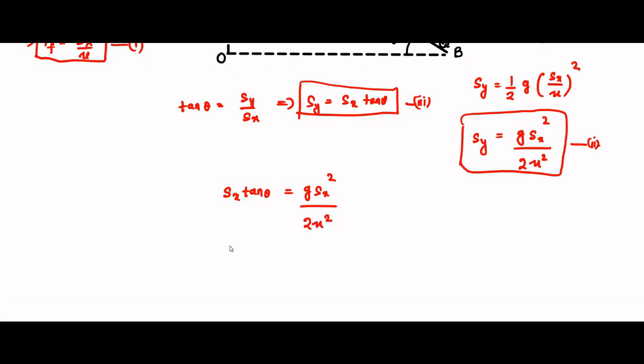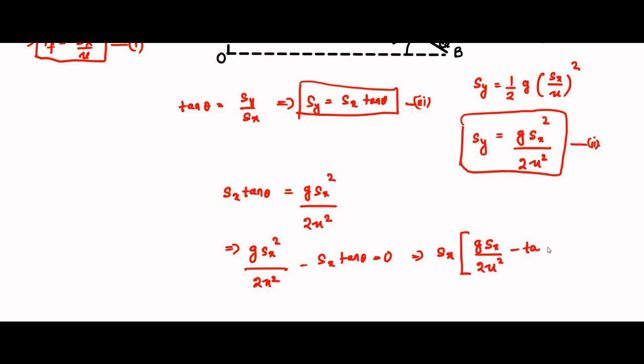That implies g Sx square by 2u square minus Sx tan theta is equal to 0. If we take Sx common, we will have Sx into g Sx by 2u square minus tan theta equals 0.